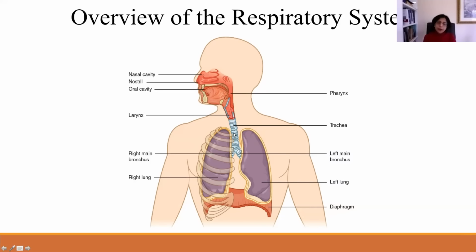Trachea is again supported by the cartilage. You are looking at C-shaped cartilage here in the front, but nothing in the back. We'll talk about that too. And then it branches off to become bronchi, primary bronchi, the very first branching of the trachea, right and left bronchus. They are the ones that are outside of the lungs.